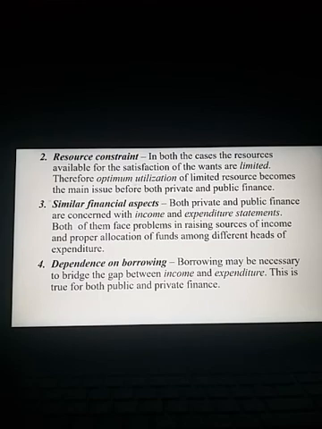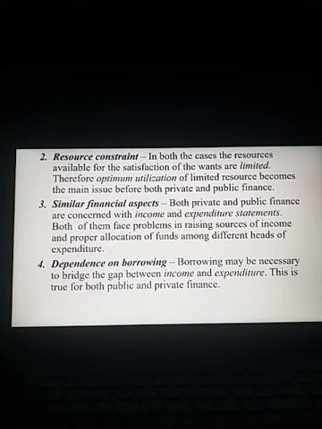Go to point 3: similar financial aspects. Both private and public finances are concerned with income and expenditure statements. Please focus. Income and expenditure statement is nothing but budget. Both of them face problems in raising sources of income and proper allocation of funds among different heads of expenditure.